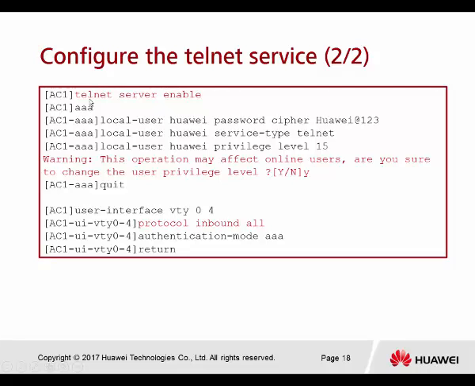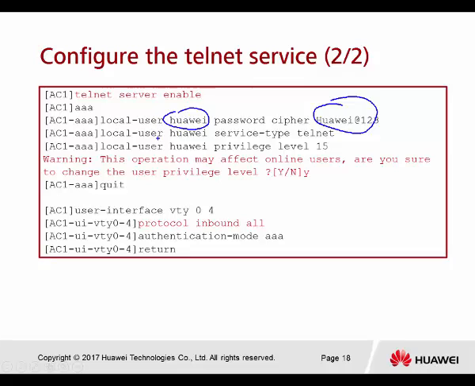Now we already have the IP address and we have already changed the sysname. Then you can enable Telnet using the command here: telnet server enable. Go to the AAA and remember to configure the account. This is the username and this is your password.